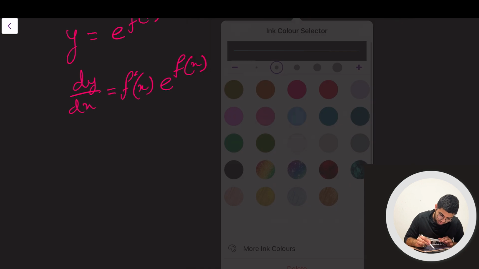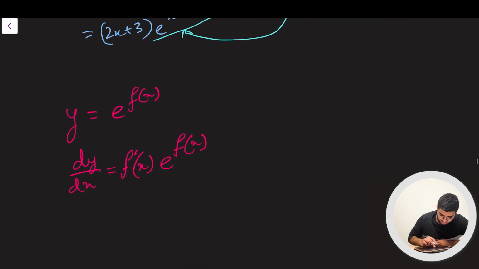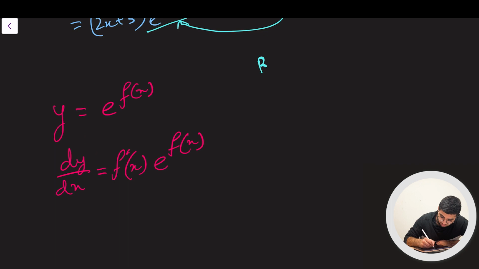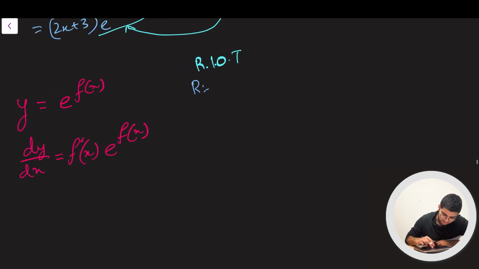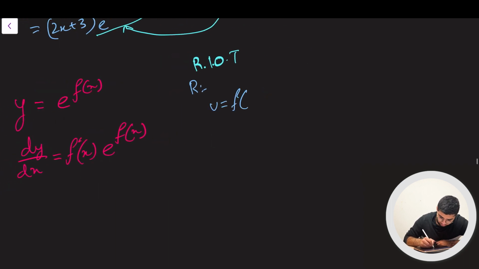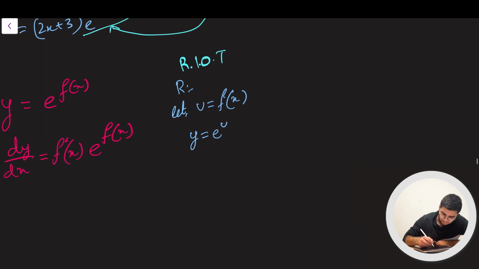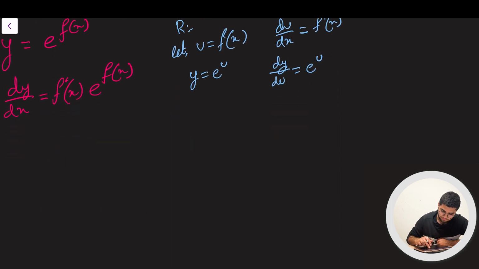So let's start with, again, there's a function within a function, so the chain rule. Let u is equal to f of x, therefore y is equal to e to the u. du on dx is equal to f dash of x. Derive it. dy on du is equal to e to the u. Simple stuff.